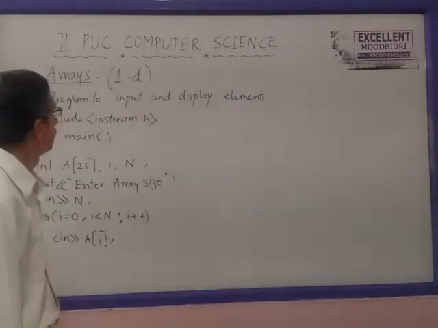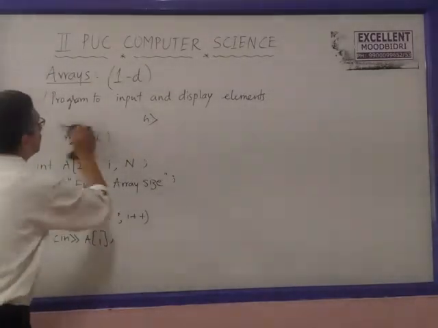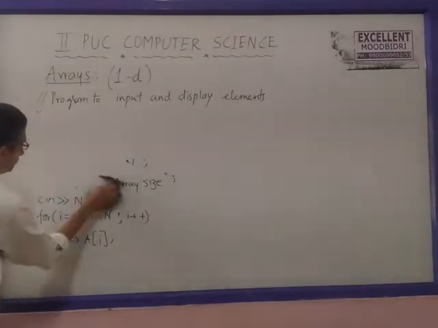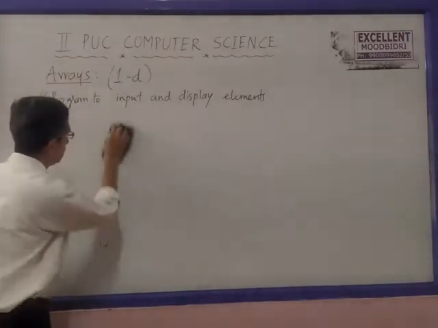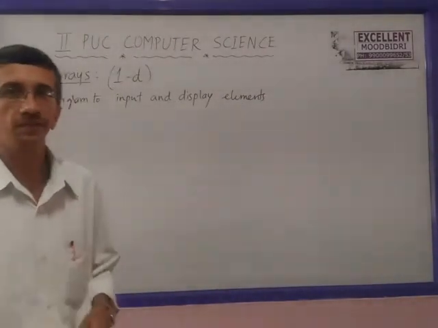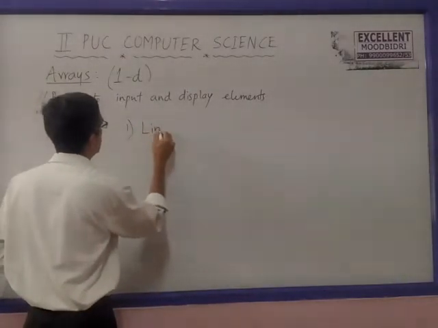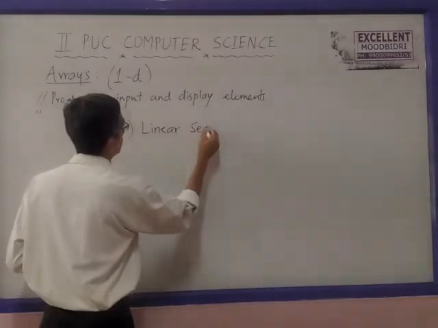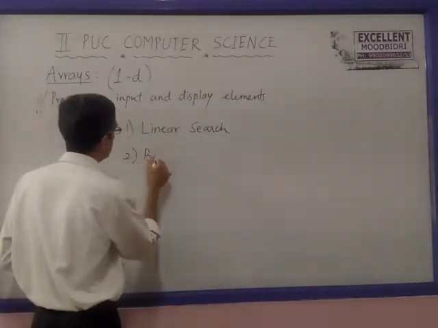Correct? So first we will try to understand the algorithm, how to search. There are two ways of searching. One method is called the linear search, and the second method is the binary search.